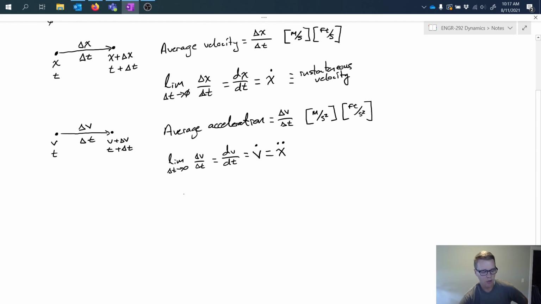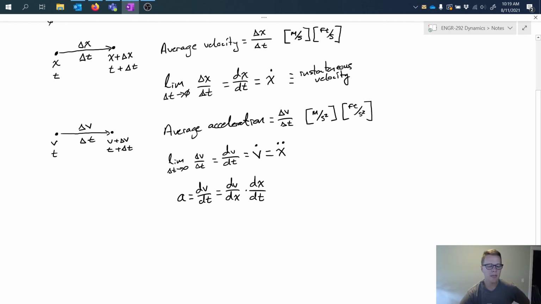Another way I want to look at acceleration, which I'm denoting with an a, is that it is equal to dv by dt. I can take this dv by dt and break it up into dv by dx and dx by dt.